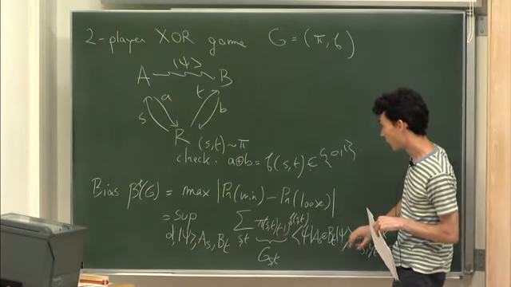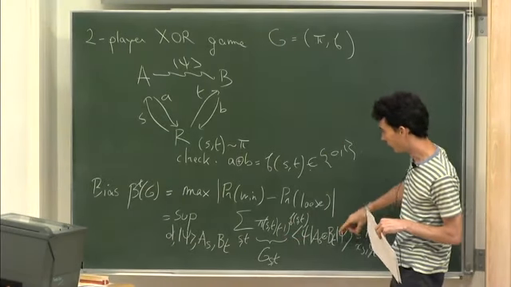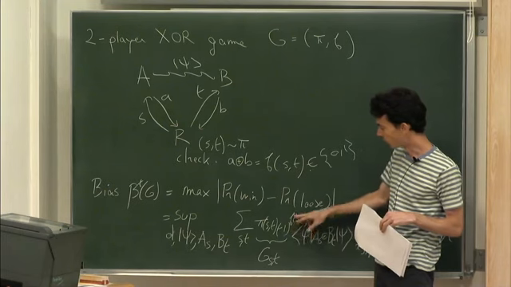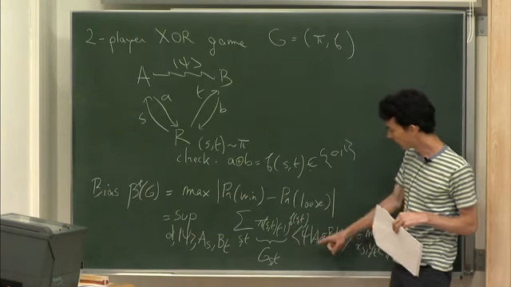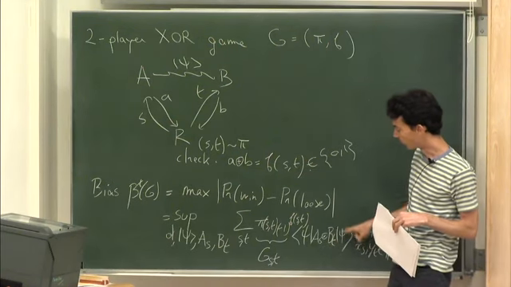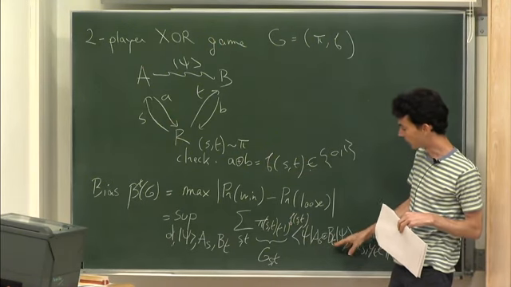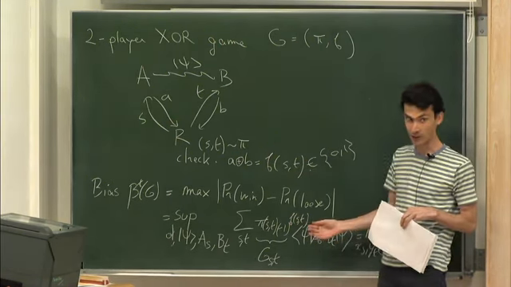And so the bias we saw could be rewritten as an expression like this: the sum over all possible questions, the probability of the question, times minus 1 to the expected answer, times this here, which is the probability that the players give answers that have parity 0 minus the probability that they give answers that have parity 1. Just expanding this as A_S0 minus A_S1 and B_T0 minus B_T1.